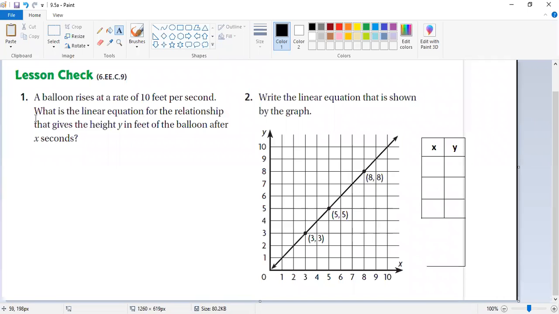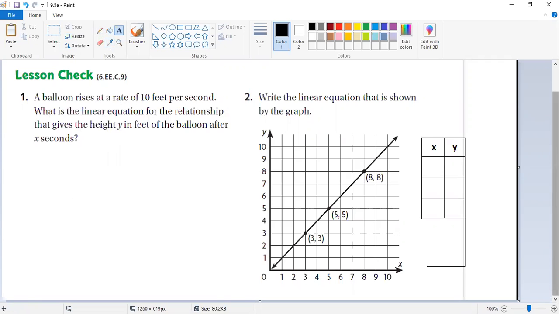A balloon rises at a rate of 10 feet per second. So it's going up at a rate of 10 feet in 1 second. What is the linear equation for the relationship that gives the height y in feet of the balloon after x seconds?